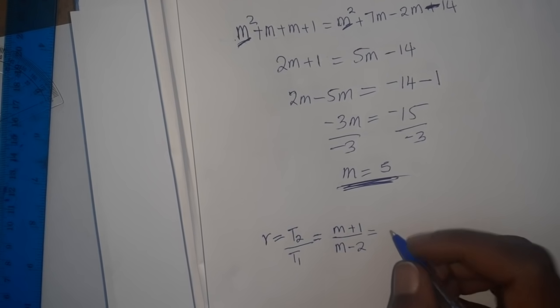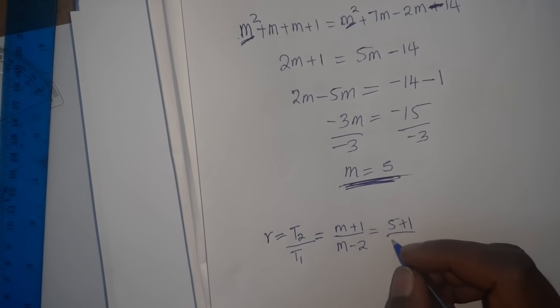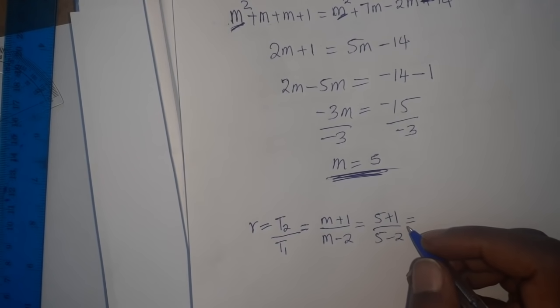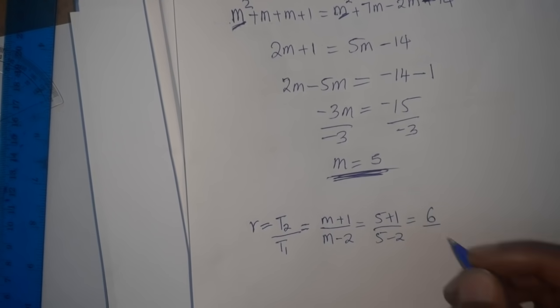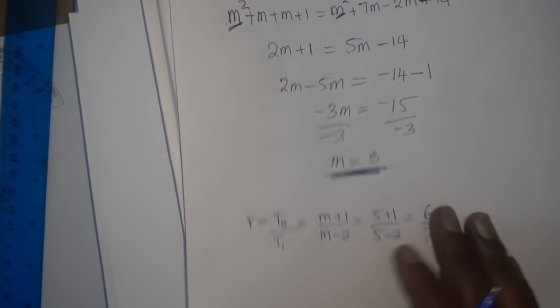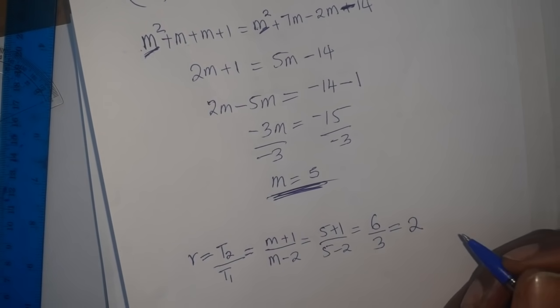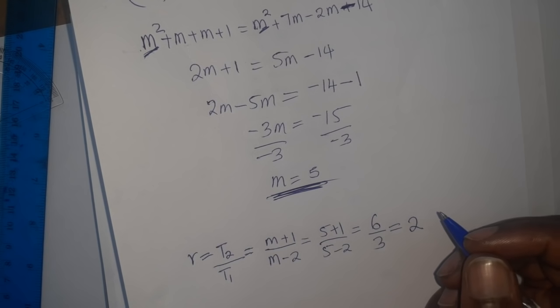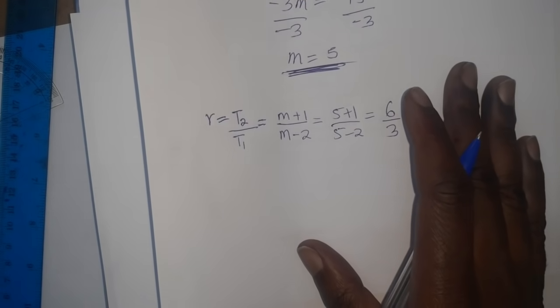So what is our m? Our m is 5, so 5 plus 1 over 5 minus 2. So what are we going to get? We are going to get 6 over 3, which is going to give us 2. So that is our common ratio. Our common ratio is 2.